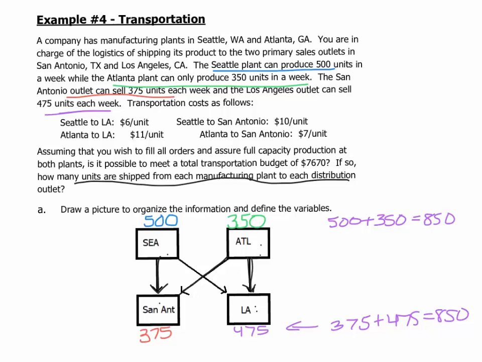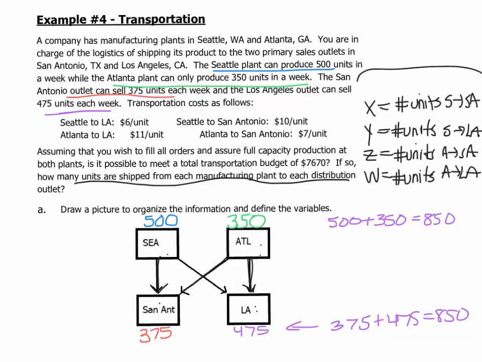Notice I have 4 arrows, one from each plant to each outlet. So I'm going to have 4 variables. I'm going to make them X, Y, Z, and W. And all of these are going to represent the number of units from Seattle to San Antonio, Seattle to LA, Atlanta to San Antonio, and Atlanta to LA.